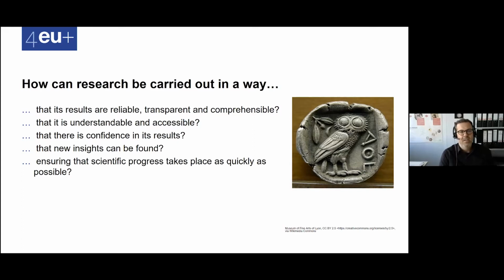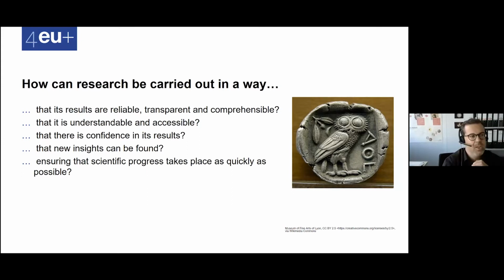these kinds of research activities might differ in very, very many ways, but nevertheless, you can think for a couple of minutes about what it means for your research, or how your research or research in your field can be carried out in a way that its results are reliable, transparent, and comprehensible, or that it is understandable and accessible to other people.